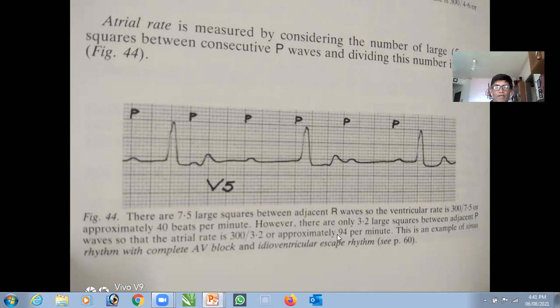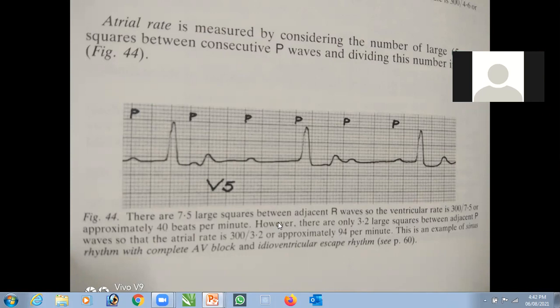Conduction defect. Read the whole answer below. There are 7.5 large squares between adjacent R waves, so the ventricular rate is 300 divided by 7.5 or approximately 40 beats per minute.